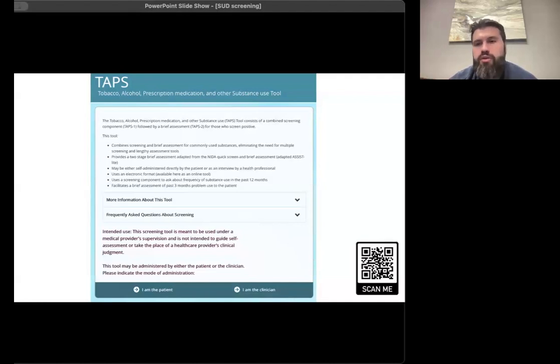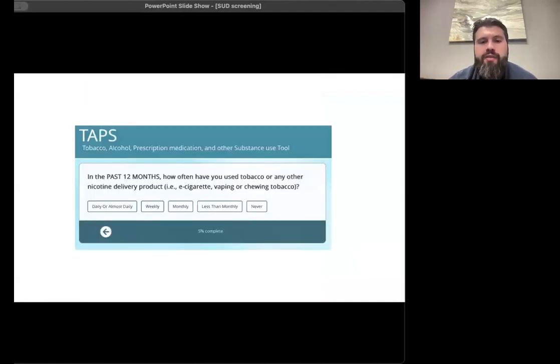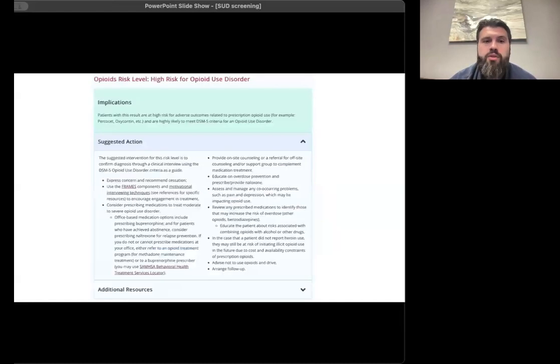And I'll just show you, for example, you'll click the first question and it'll ask you, in the past 12 months, how often have you used tobacco or any nicotine delivery product? And then it gives a frequency: daily, weekly, monthly, less than monthly, or never. And then based on that, it has this tree branch kind of logic, where if it's pretty risky or high risk, it'll ask a secondary set of questions. And if it's not, it'll move on to the next substance, et cetera. And at the end, you get a risk assessment of what's going on.